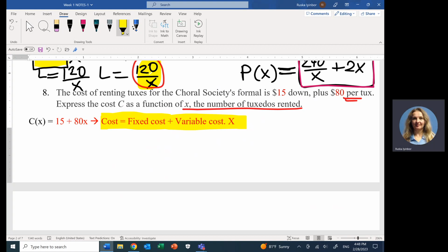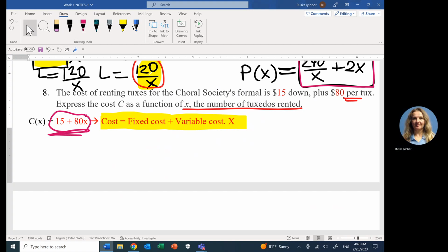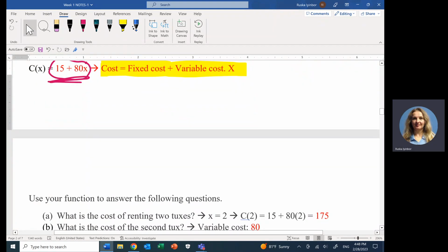So that's why I have the answer right here. $15 is the fixed cost plus $80 per tux, which is called variable cost, the cost for every unit, every one of those tuxedos you're renting. So that's why it's going to be 80 times x. So that's the function here, which is fixed cost plus variable cost times x. So that's the final answer. 15 plus 80x. That was number 8.